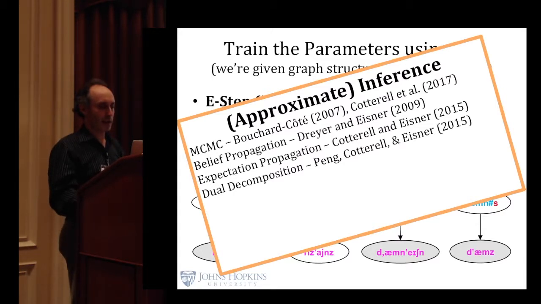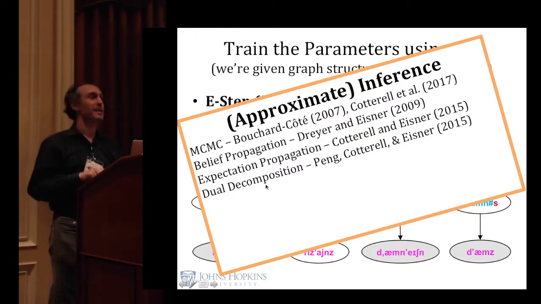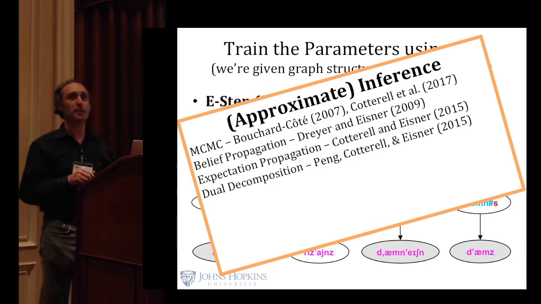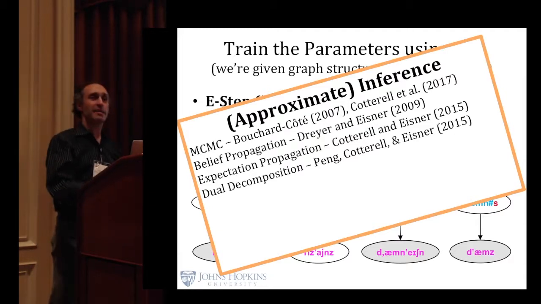Now, dual decomposition isn't just an approximation. It actually gets back the single best configuration of these strings under the current parameters. I did tell you that that was undecidable, so you might expect that dual decomposition isn't guaranteed to terminate. It's not, but we find that it terminates in practice, and that allows us to do exact Viterbi EM because it gives us the Viterbi inference, which actually gave us our highest results, better than what I showed you before.